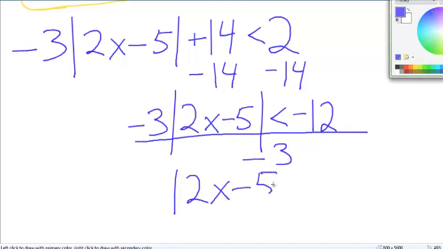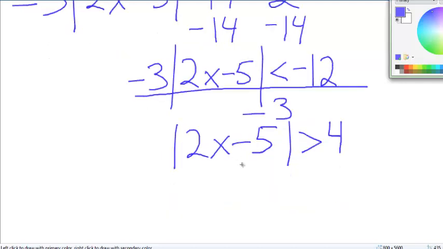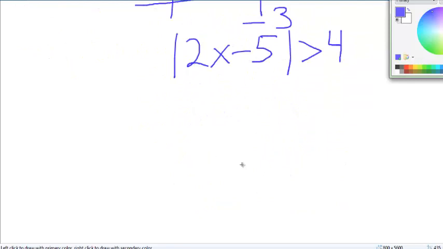So absolute value of 2x minus 5 is greater than 4. Now that our absolute value is by itself, we can compare this and decide, are we dealing with or and? We're talking about inside a range, so it's between two things, or outside. In this case, we're talking about outside because it's greater than 4. That distance is more than 4.